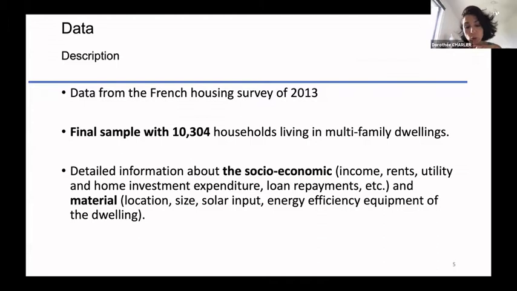When I talk about quality, I mean energy efficiency. For example, we know the period of construction, the type of heating, and whether we have central heating or individual heating. We also know the exposure of the dwelling and the surface area, etc. And we also have information about where the dwelling is located in France, in order to have a proxy for the heating need in winter.